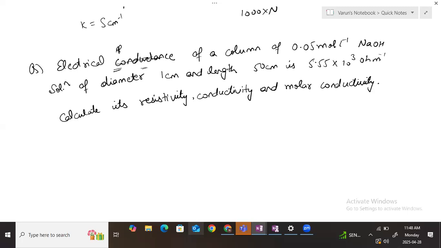Why have you used the formula with 1000? Usually you don't have to multiply by 1000, but it is mole per liter and Siemens per centimeter.